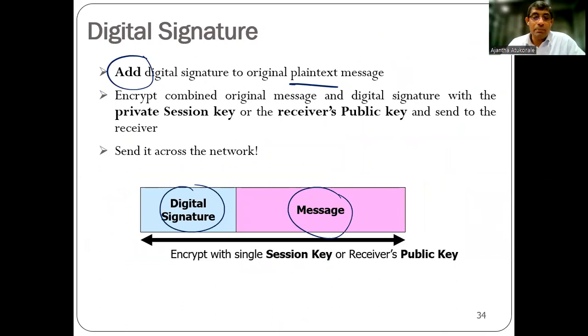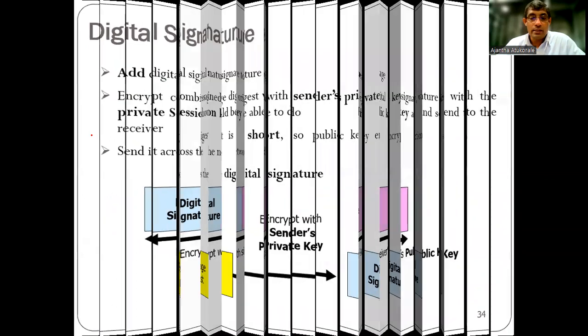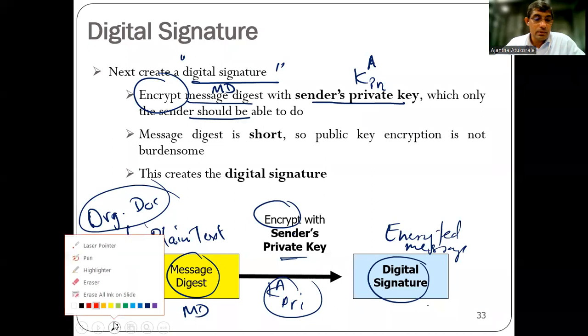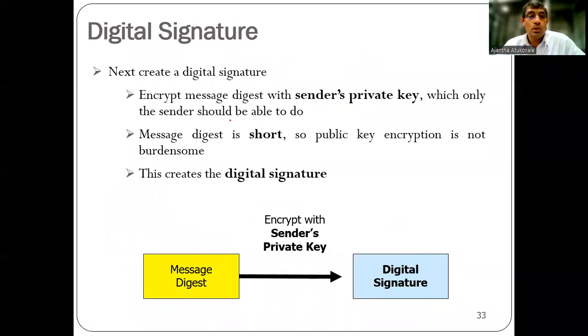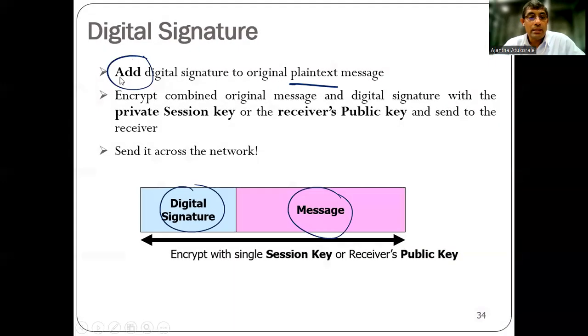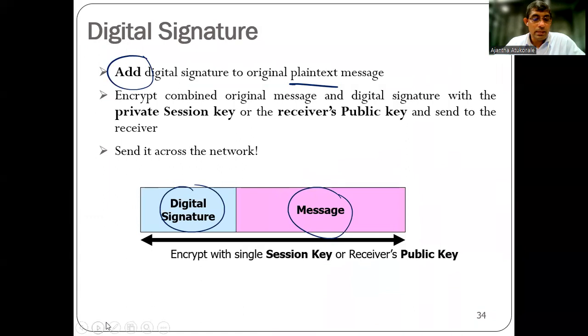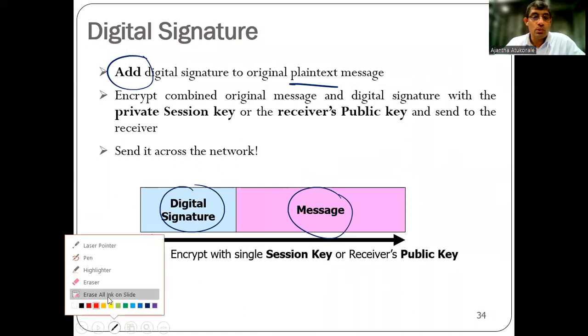So these are the same thing, the note. Now I'll go quickly. If I start from here, I'll clear up all this garbage now. Once you create the message digest, you encrypt it using the sender's private key, and you get the digital signature. Now add the digital signature to the message, as I showed you, right?